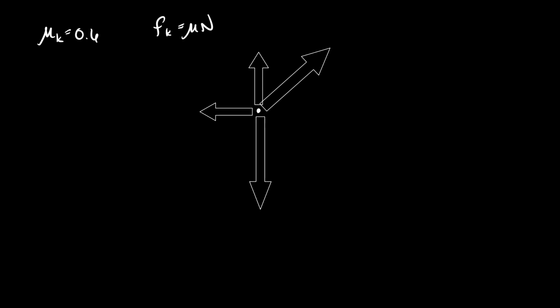And I believe these are going to be all the forces that are acting on our object. This is at an unknown angle, though. This is our applied force, this is the normal force, this is the weight, and this is friction. And we're hoping that the object travels at a constant speed, so net force is 0.